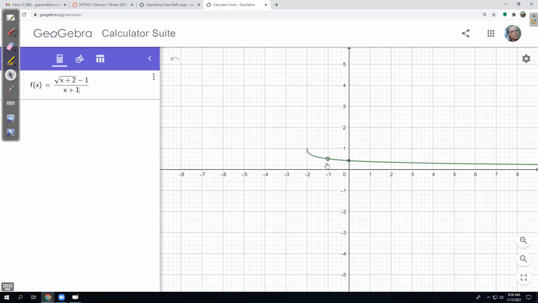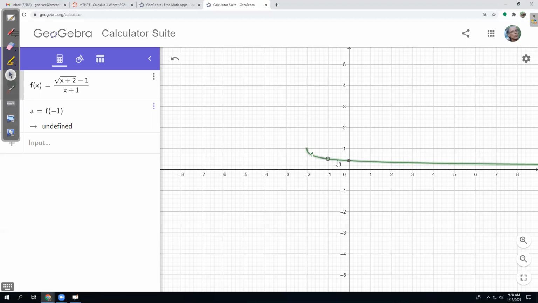Oh, and look at it, it showed the hole this time, huh? GeoGebra's getting smarter. It didn't do that last time, but it did this time. So the closed circle means that point exists. The open circle means something's weird right there. And we know from our work a minute ago, if we try to plug in -1, we get, huh? No answer there.